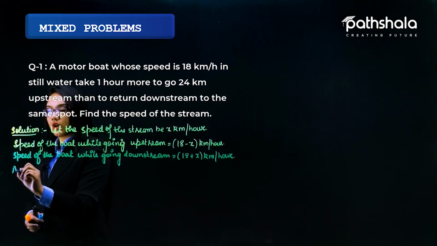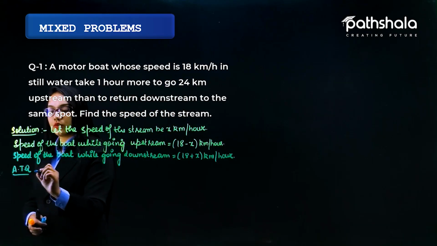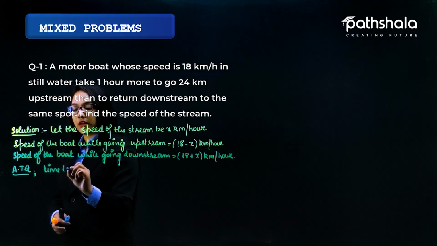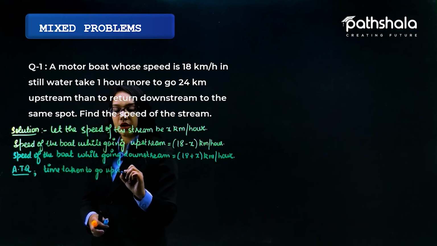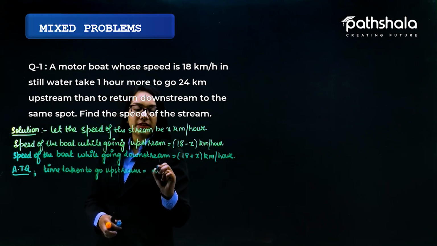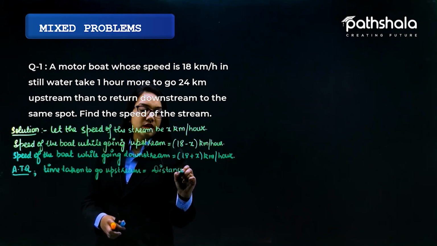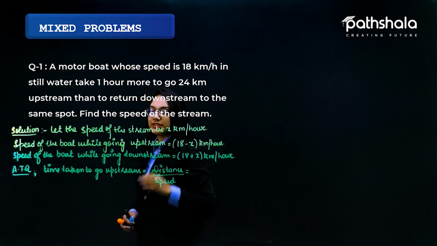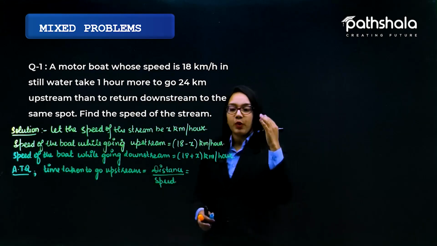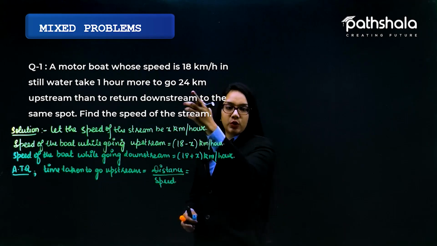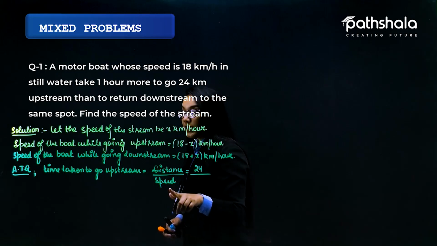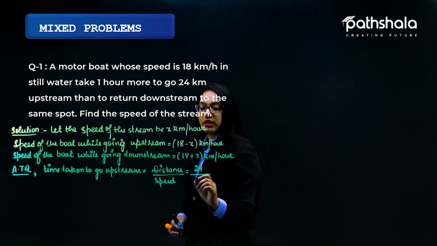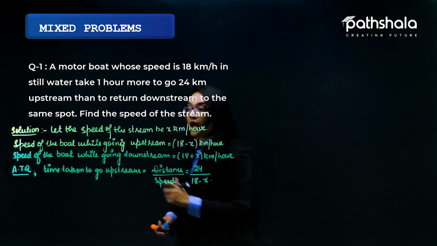Now according to the question, the time taken to go upstream is equal to distance upon speed, as we know that speed is equal to distance upon time. So the time taken to go upstream would be the distance, which is 24 km, divided by the speed, 18 minus x.